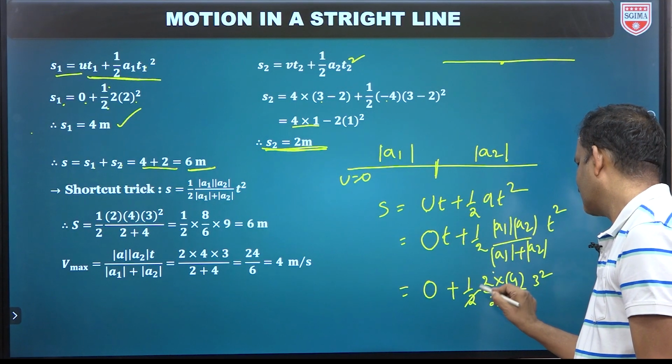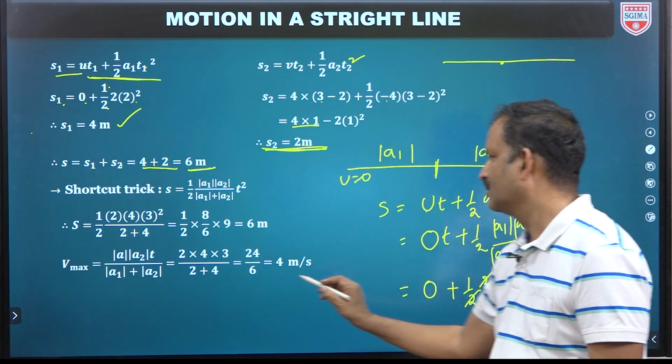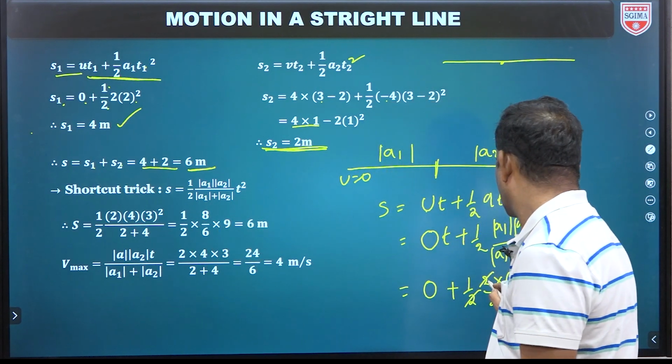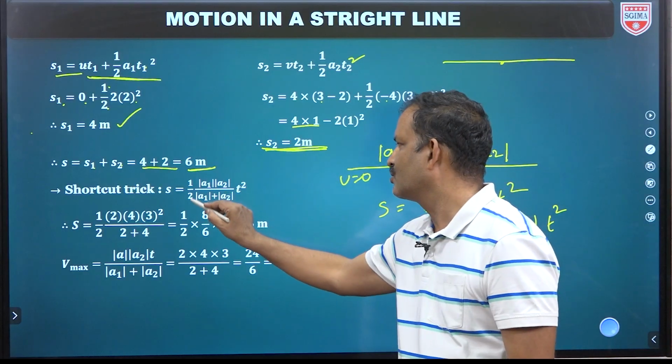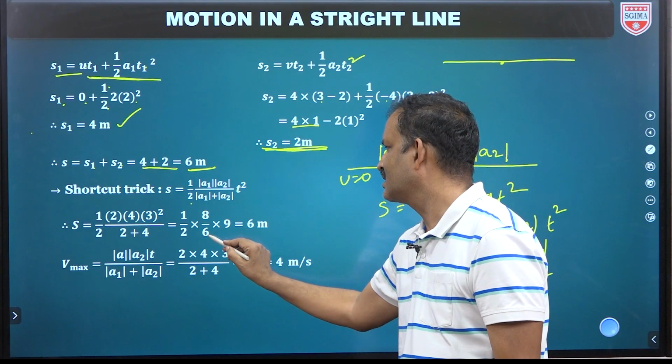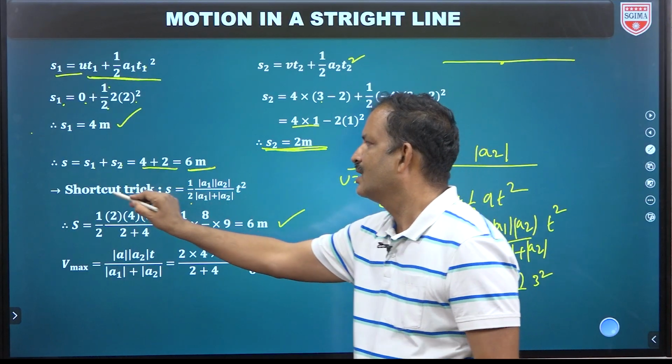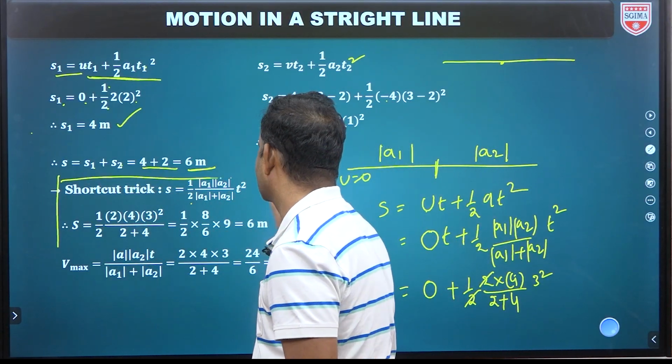Then you will get half into 8 by 6 into 9, that is equal to 6 meters. Simply in one step you will get it.